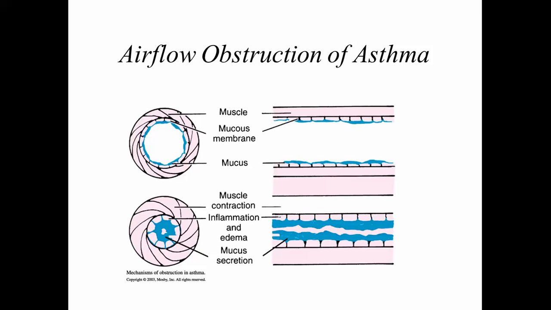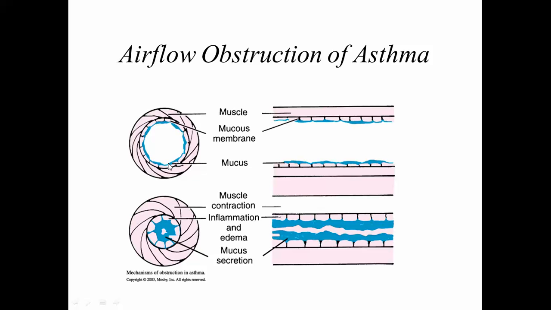So here is an image of a normal airway. A normal airway consists of the muscle that surrounds the airway, and then you have your mucous membrane, and then you have your mucus.